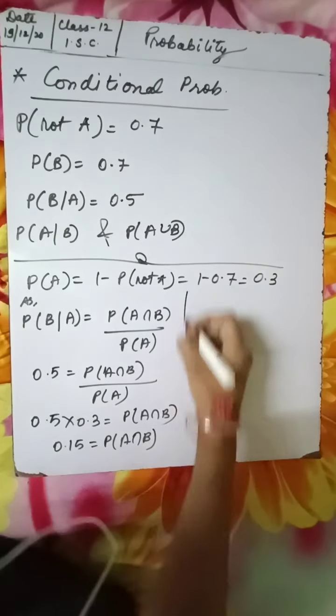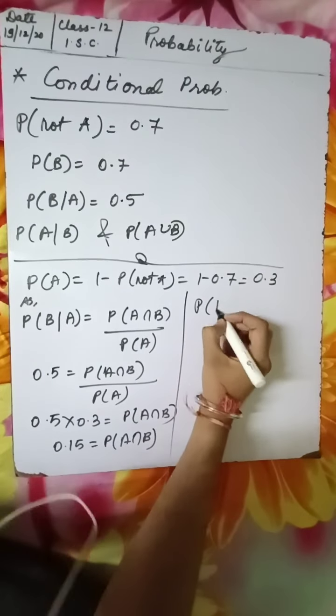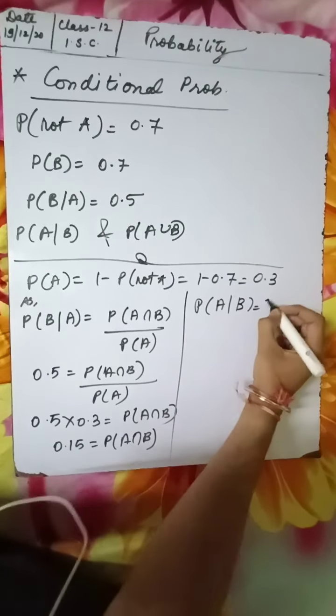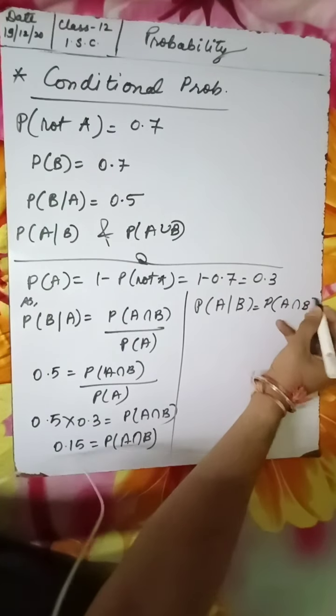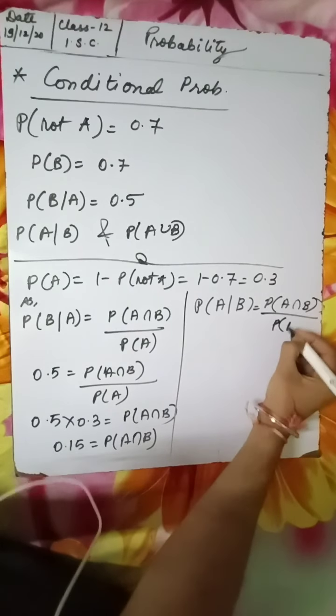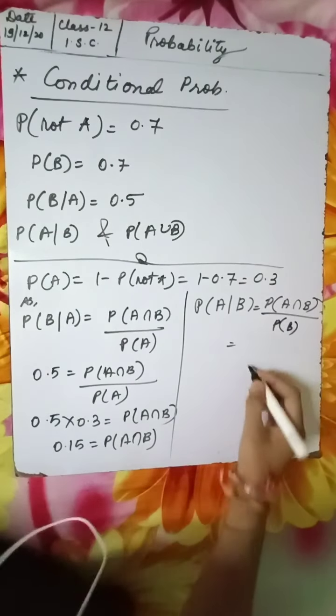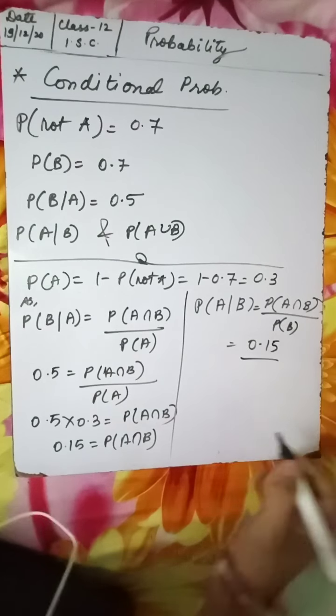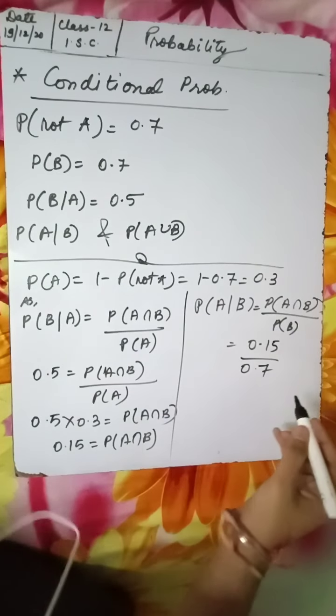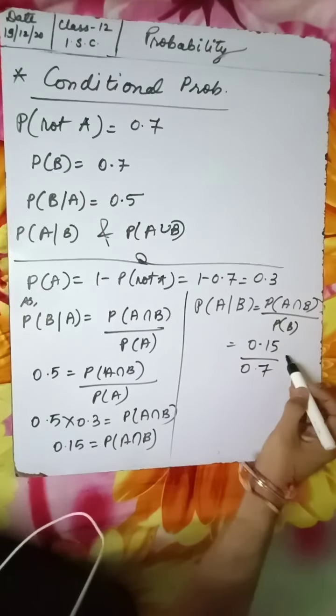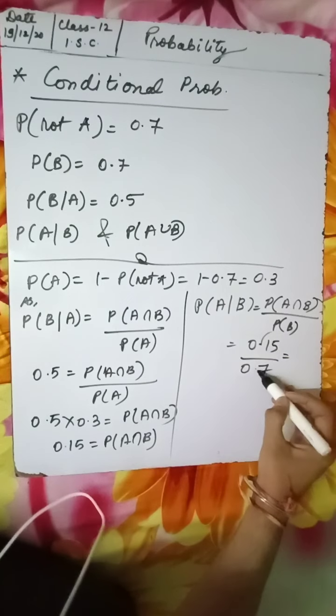Then what we require, probability of A given B, which is probability of A intersection B upon probability of B. This we have 0.15. What is probability of B? 0.7. Okay, now just remove the decimals.